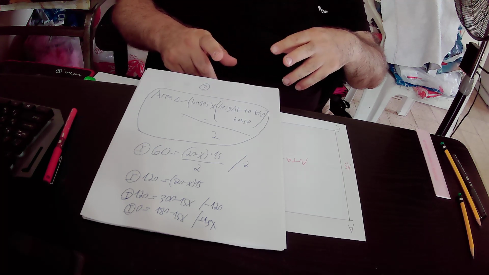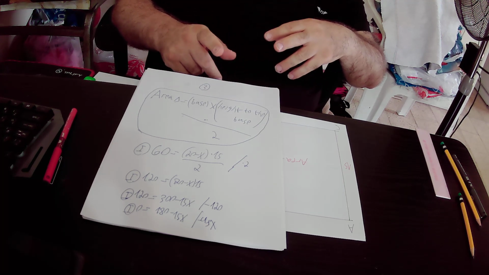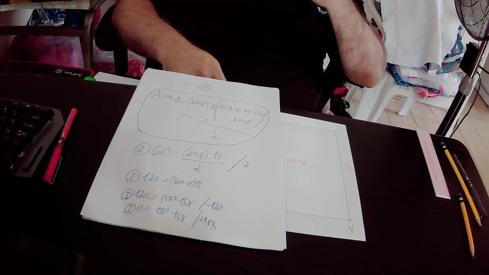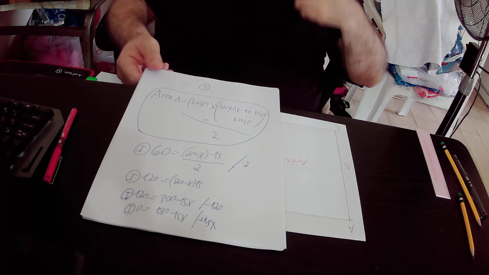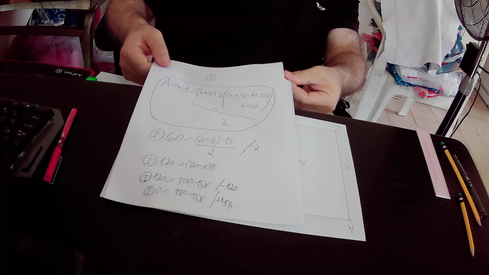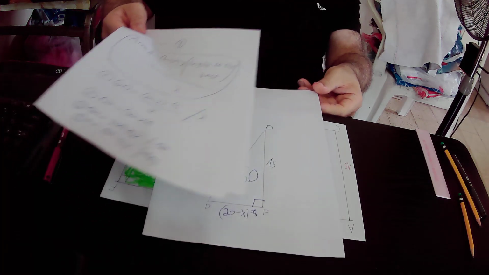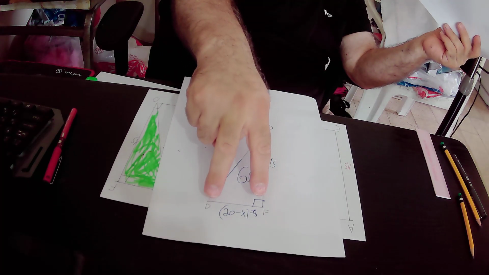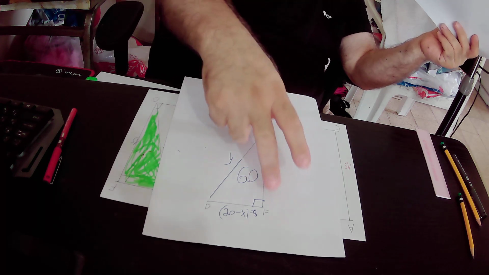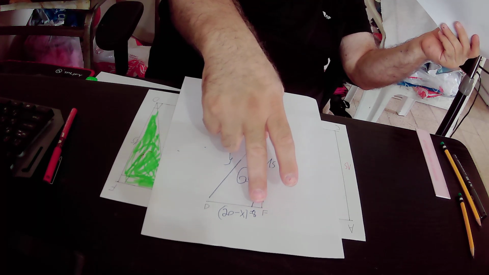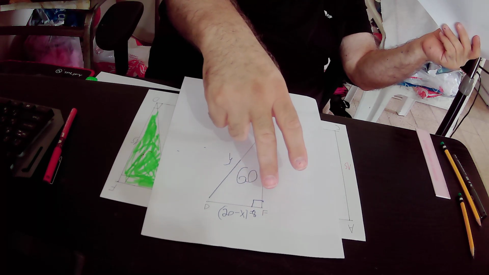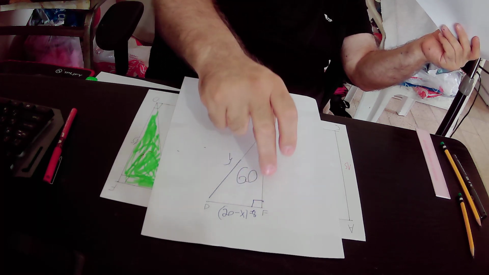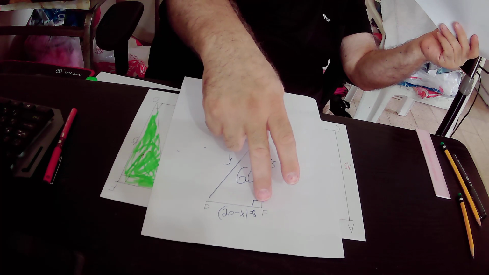We should remember that the height to the base must create 90 degrees with the base. So the area of this right triangle equals the base, that is 20 minus x, times the height to the base, that is 15 units. Actually FD is the height to the base because it creates 90 degrees with the base. For that reason FD is the height to the base.